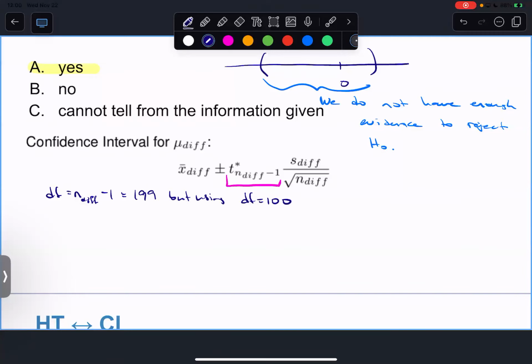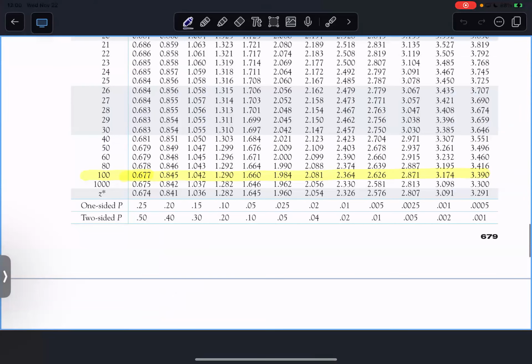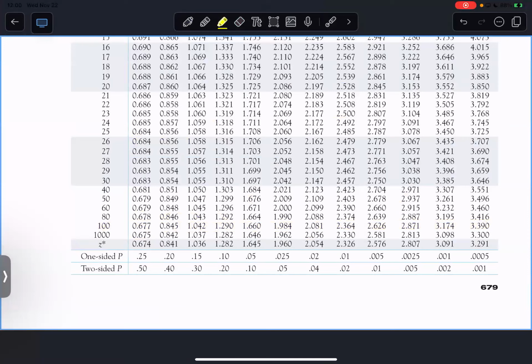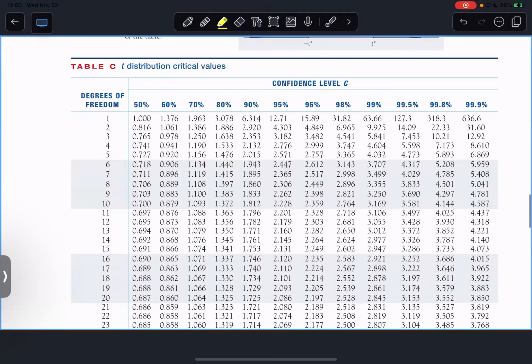From our table, man, just a weird day. If I want a 95% confidence interval for a T star, right, then I need to go and I stop at whatever degrees of freedom I have.